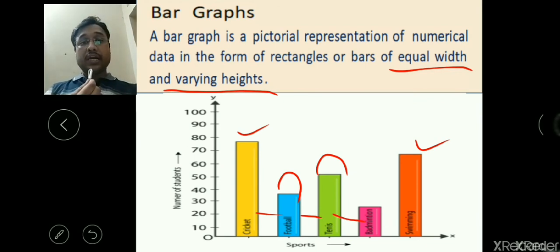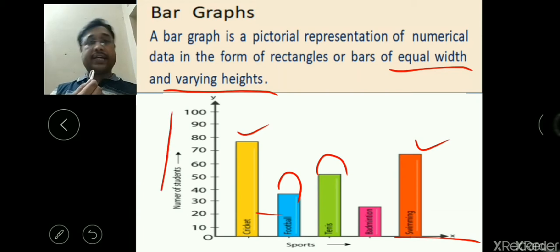In this diagram you can see data showing how many students like which sports, the number of students who like the different sports. I have taken the sports on the x-axis and the number of students on the y-axis.